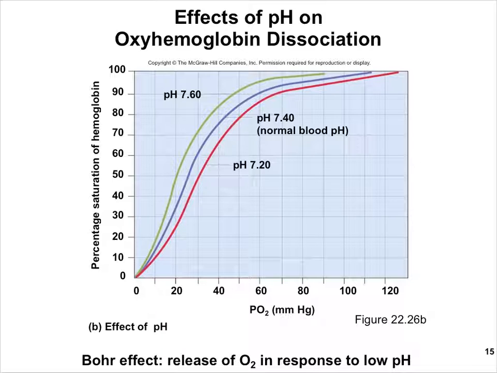They move to lactic acid fermentation. What do you think lactic acid is going to do to the pH of your blood? Well, it's called lactic acid, so it's probably going to lower that pH, make your blood more acidic, particularly in the local area of the muscle that is needing that oxygen.